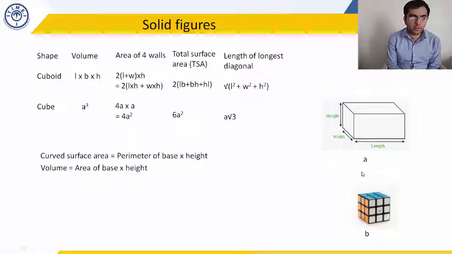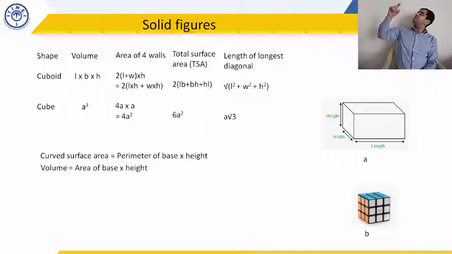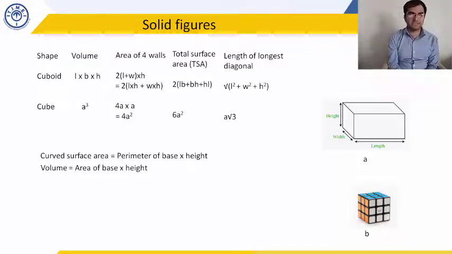So there will be 4 such longest diagonals. If you look in your room, from that top corner to that bottom corner becomes the longest diagonal, whose length is given as square root of L square plus W square plus H square. And if I put all the sides equal to A, then I get root of 3a square, which is equal to a root 3.